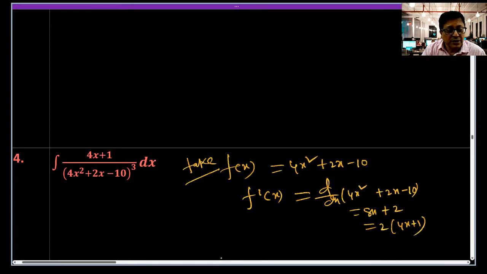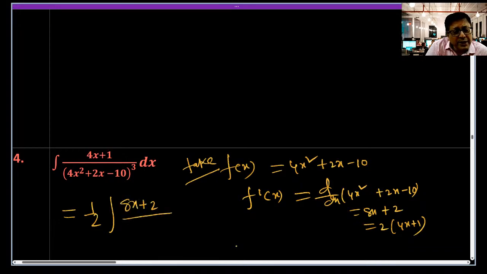Isn't it? So a little bit of manipulation you have to do before you use that form. This you multiply and divide by 2. It's coming of that form, no? This divided by (4x square plus 2x minus 10) whole cube dx.